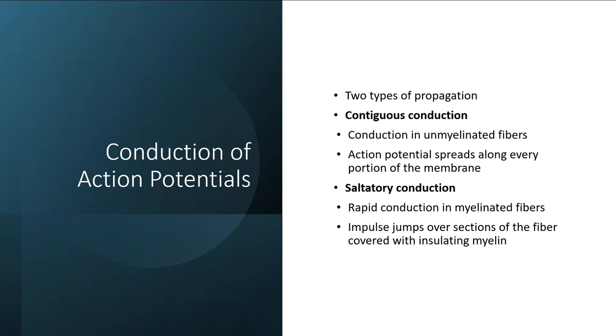It means it has to open all the sodium channels to travel the action potentials. However, saltatory conduction is rapid conduction because the myelin sheath is present and provides insulation. The impulse jumps over the sections of the fiber covered with the insulating myelin.